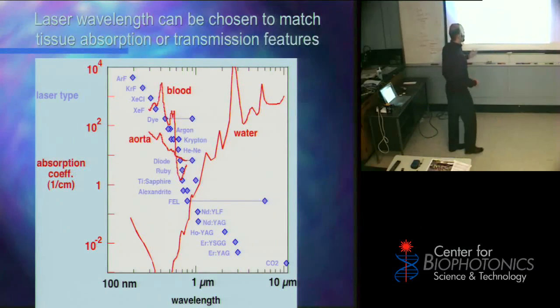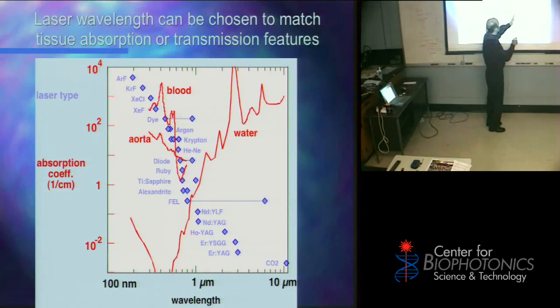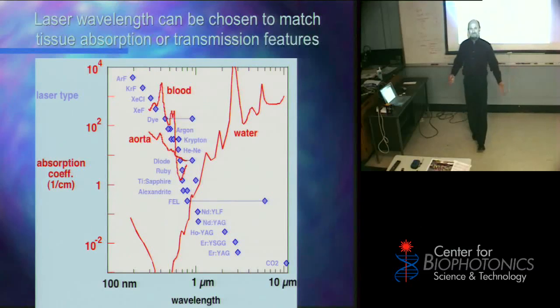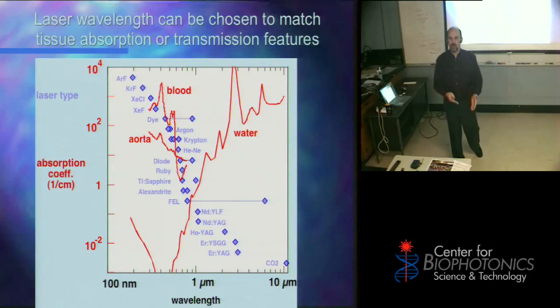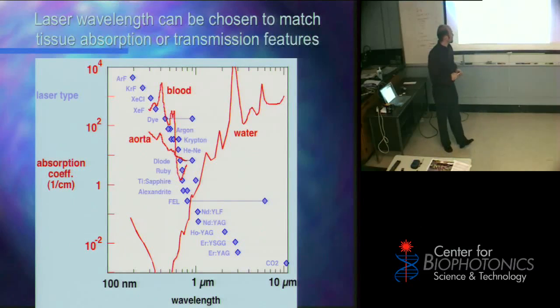Once we get out here, into this region over here, basically where things like this absorb less than water, then we can't use those wavelengths very easily, because water is always the main thing that we're seeing in something alive. And it blocks us from using those wavelengths.